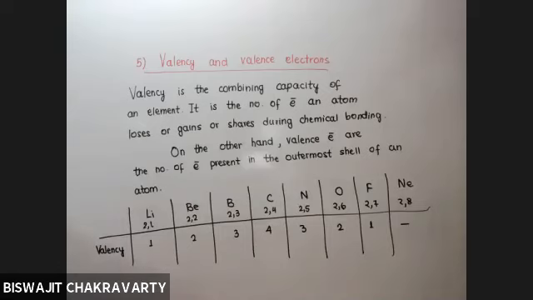So the first three have the tendency of losing electrons. The first two have the highest tendency of losing electrons, because losing up to 2 electrons is more or less easier. From the third onwards, it is relatively difficult to lose the electron. And thereafter, they will either share the electrons or gain the electrons. But valence electrons are something else. It is just the number of electrons in the outermost shell.